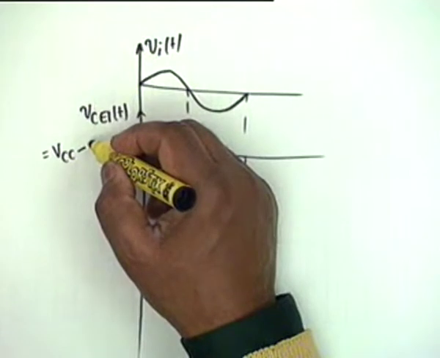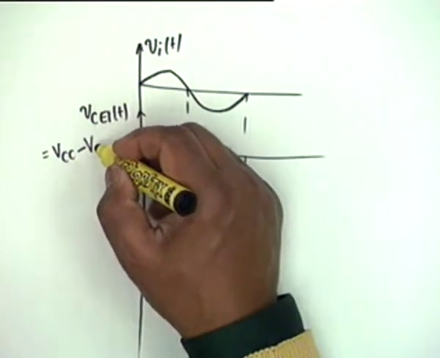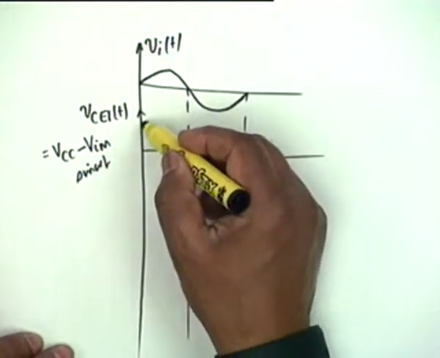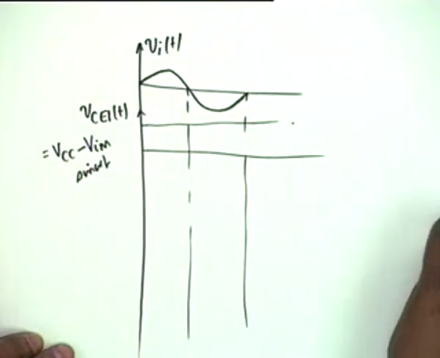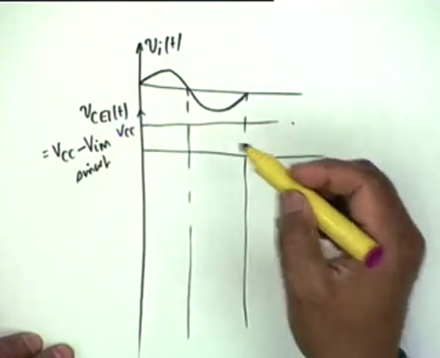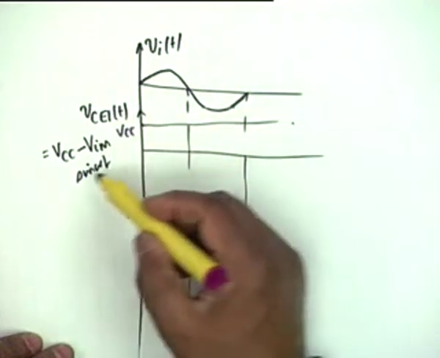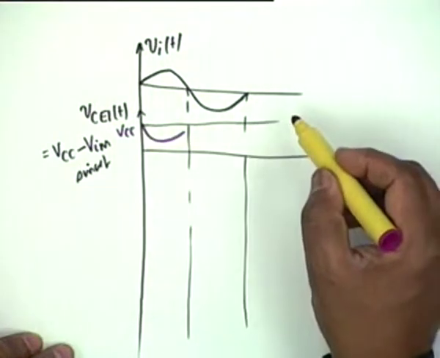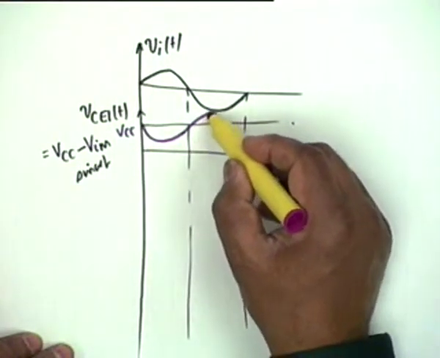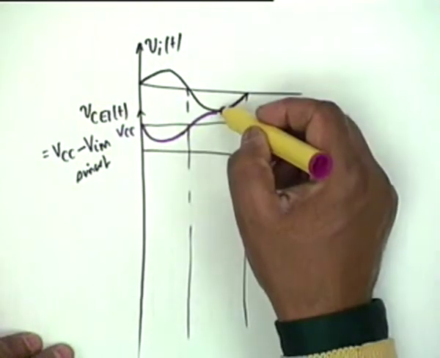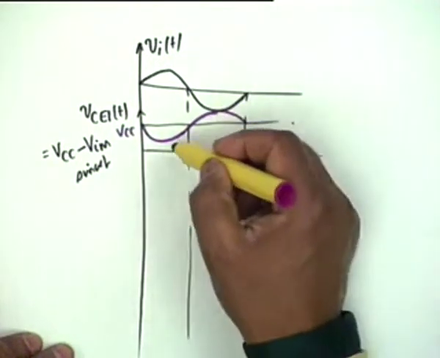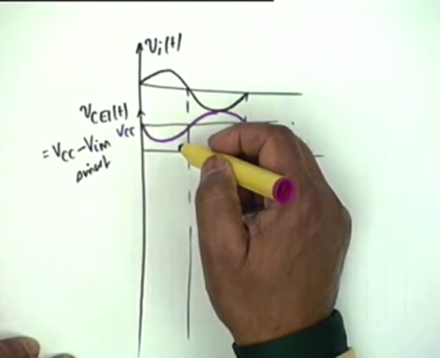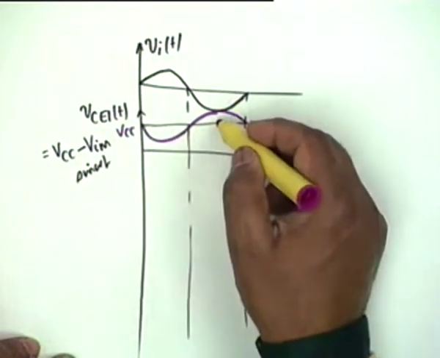So it would be of the form VCC minus, let's say, VIM sin omega t, which means that if this is the level VCC, then to start with VCC minus VIM sin omega t, it will go negative, agreed, and then it will go positive like this. The maximum value here would be VCC plus VIM, and the minimum value would be VCC minus VIM. Is the point clear? Okay, it's superimposed on VCC.